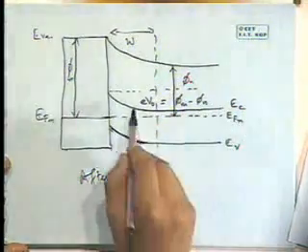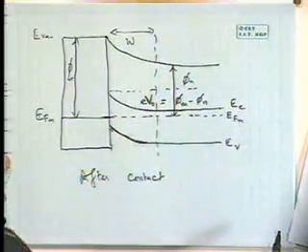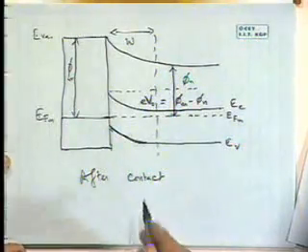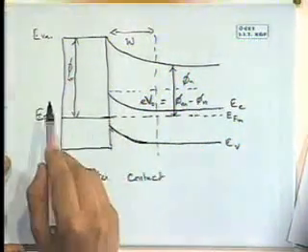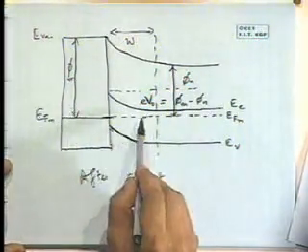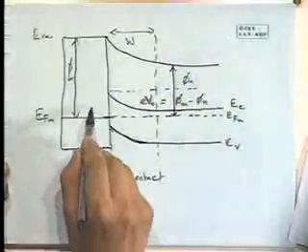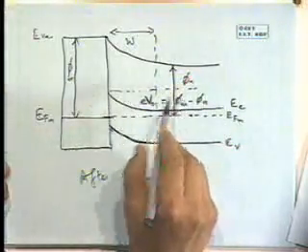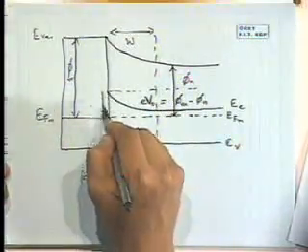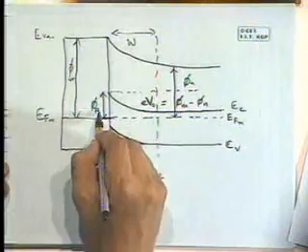So the built-in potential E V naught is equal to phi m minus phi n. So when electrons want to go from the semiconductor into the metal after equilibrium has been established, they will have to overcome this barrier, and that's why they have stopped going. Equilibrium has been established. On the other hand, electrons which want to go from the metal to the semiconductor have to overcome this barrier, which we will refer to as phi b, or the barrier height.